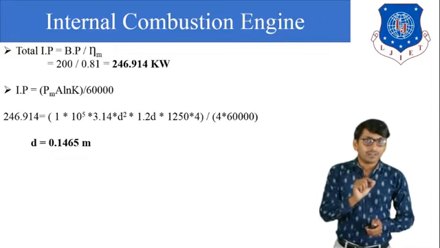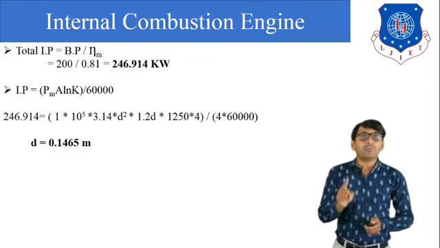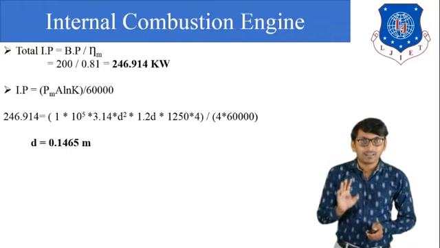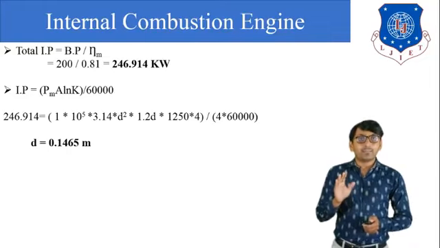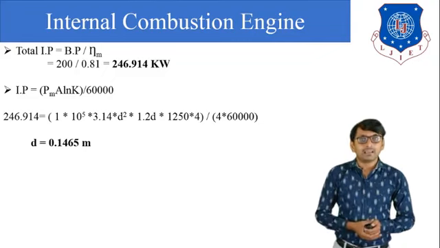But here we have to put K, because this is example of multi-cylinder engine. So if there is an example of multi-cylinder engine, then put value of K in numerator. So K means number of cylinder.